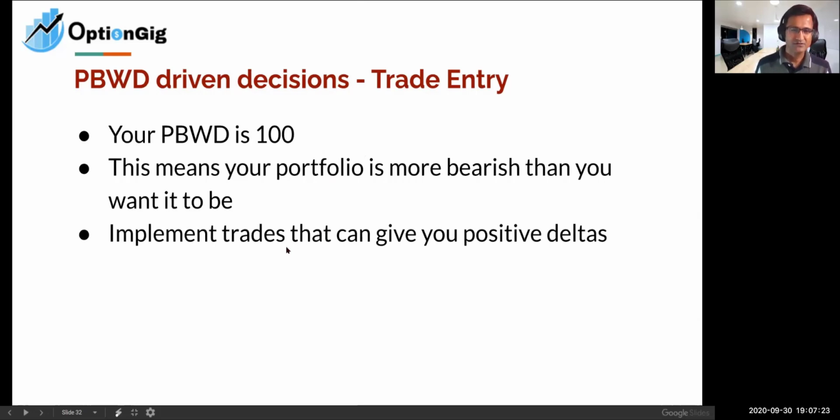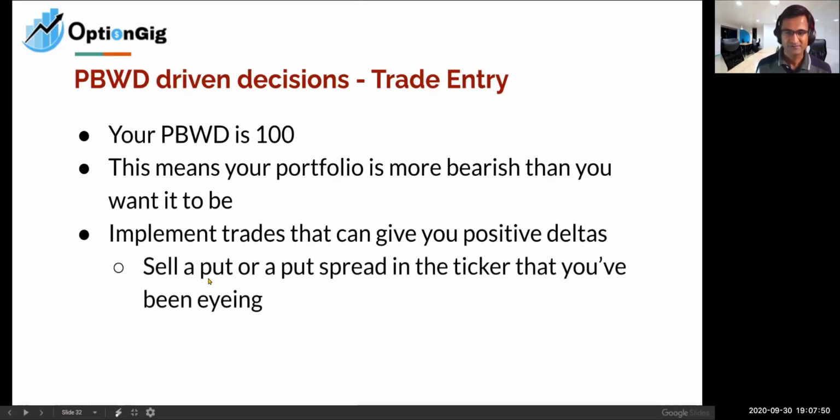So now you should look at the trades that can give you positive deltas. Remember that trade, the high flying SaaS stock? Now it's the time. Let's sell a put in that, or maybe let's buy the stock if you want to. Again, I'm not suggesting that you should buy a stock. All I'm giving is some examples of trades that can give you positive deltas.